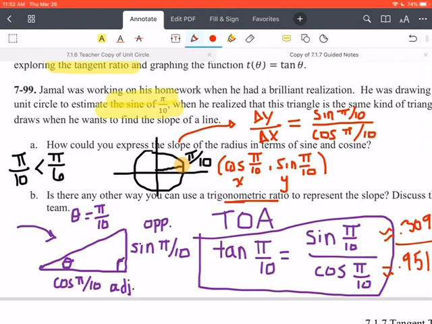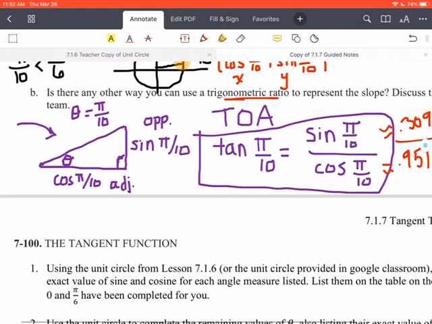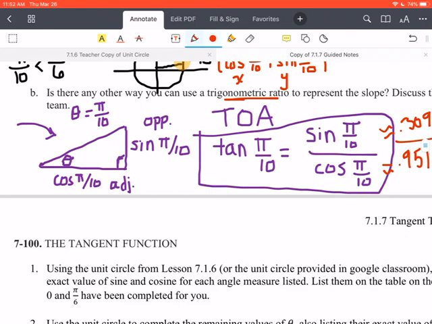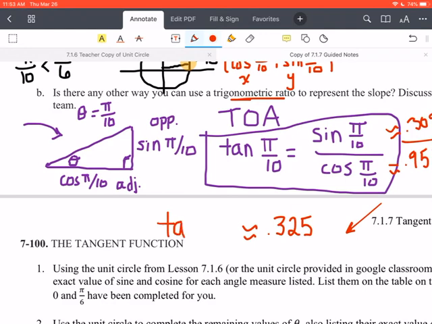And when we do the division, you get approximately 0.325, which we'd consider the slope of the line, or we're claiming that that's approximately equivalent to the tangent of pi over 10.